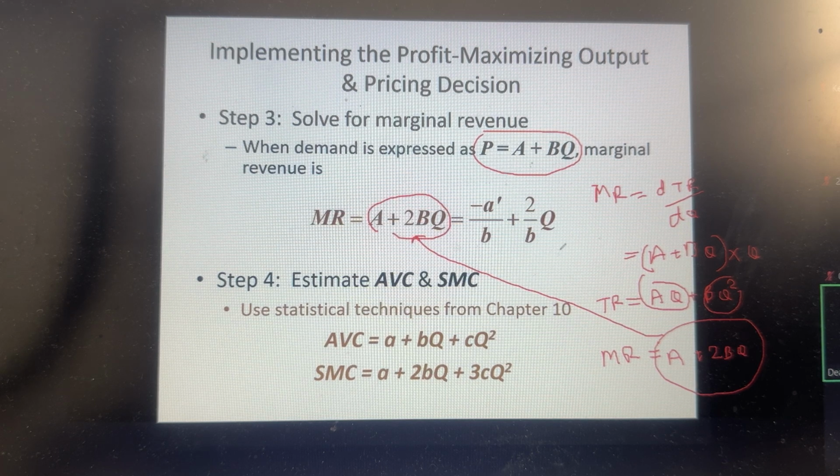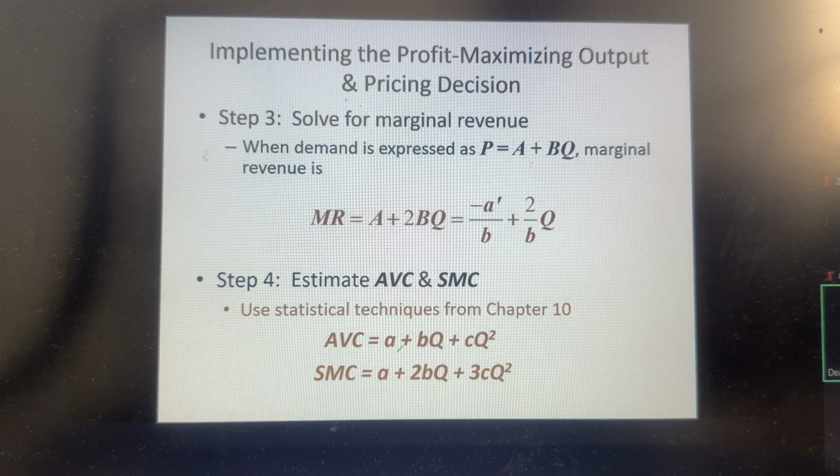If you leisurely go through this, you can understand this equation very clearly. And if AVC is given, from this you can take MC as well. Before that, you have to get TVC from this equation. How can you get the TVC?